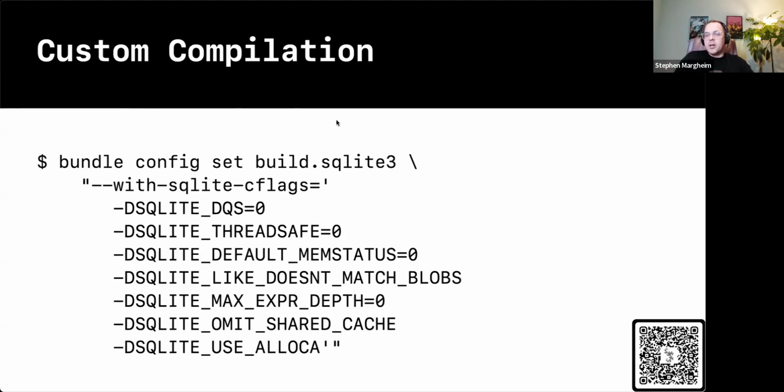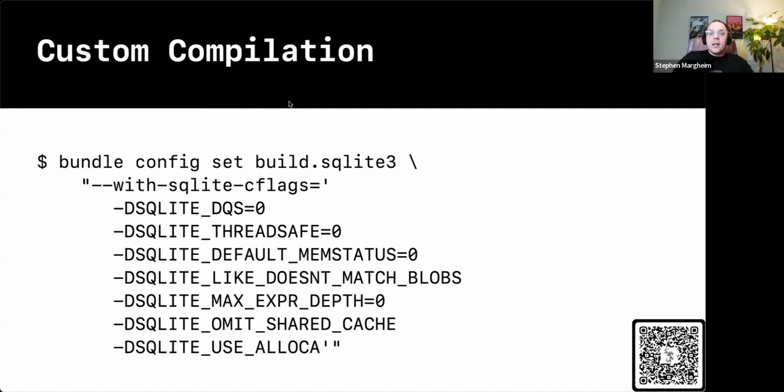I have a whole blog post on this, talking through what these different flags do, why we have these flags. It doesn't make a massive difference. You maybe get like a 2%, 3% performance improvement if you do this, and you're removing some features, like you can't call the LIKE operator on blobs, or different things. But when you have the need, like it's valuable for your application to have a 2% performance improvement, you can do that. And here's how you can do it.